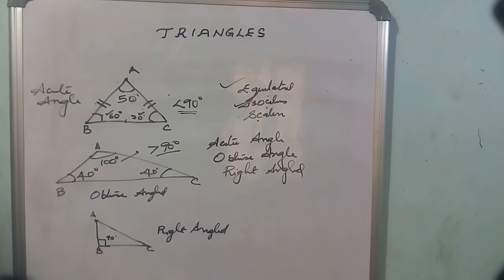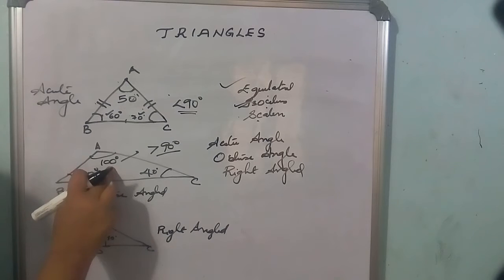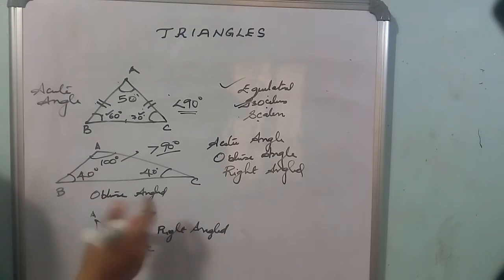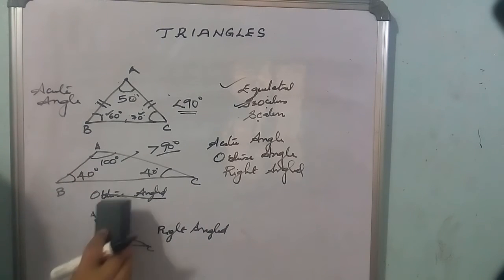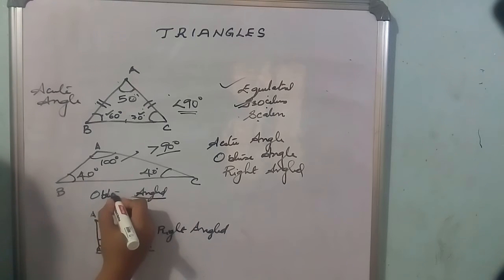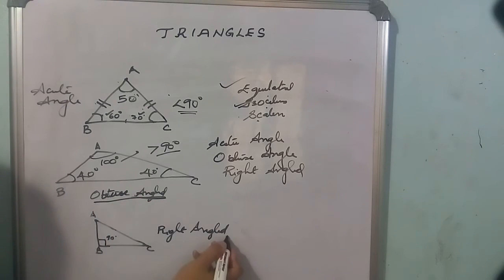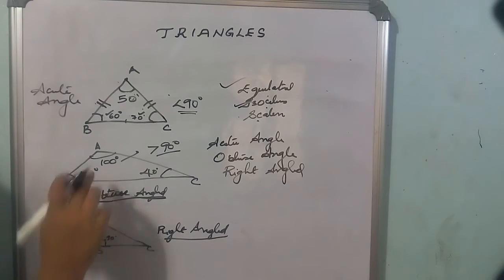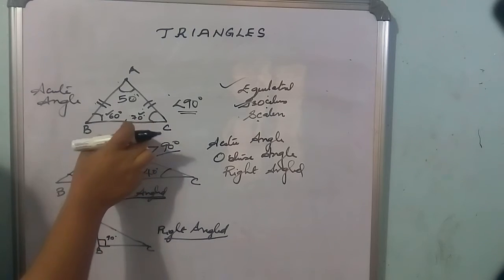If you see, here one angle is 90 degrees, and in this other case one angle is greater than 90 degrees, so this is an obtuse angle triangle, and here this is a right angle triangle, where one angle is 90 degrees. But here this is an acute angle triangle.